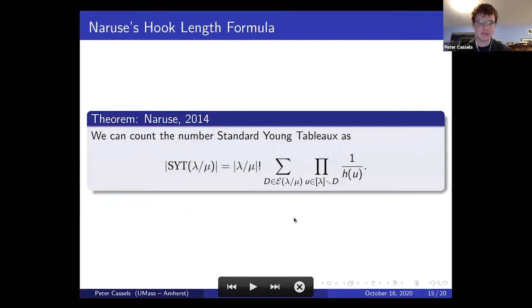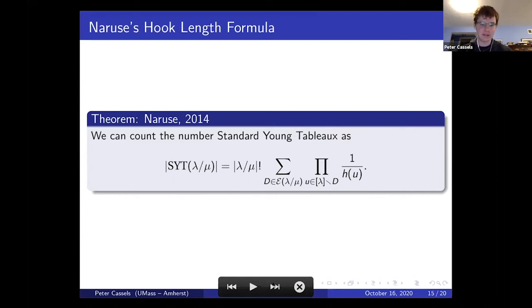Then Naruse gave a formula for the number of standard Young tableaux of skew shape for a given size, which is this one. So the size of the skew shape, and then a sum over excited diagrams of the product of one over hook length.